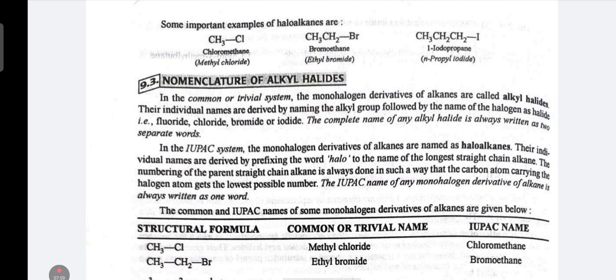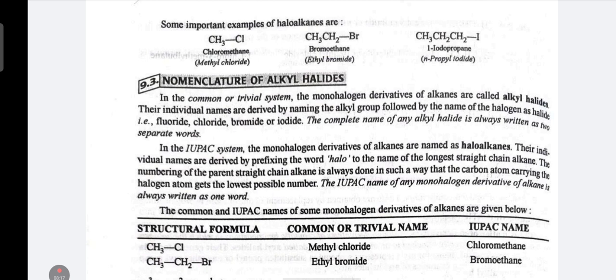In the IUPAC system, the monohalogen derivatives of alkane are named as haloalkane. The individual names are derived by prefixing the word halo to the name of the longest chain alkane.